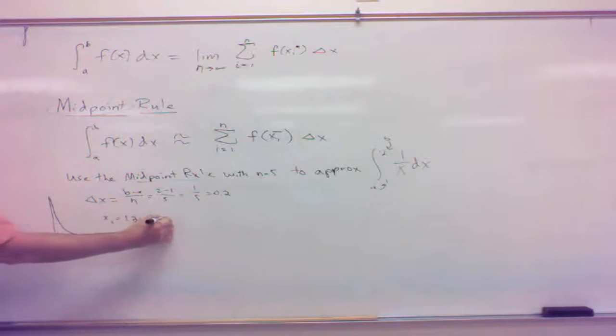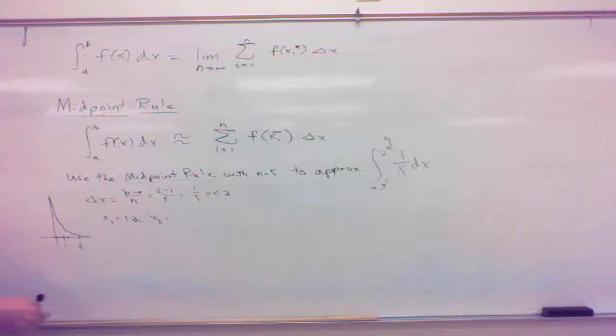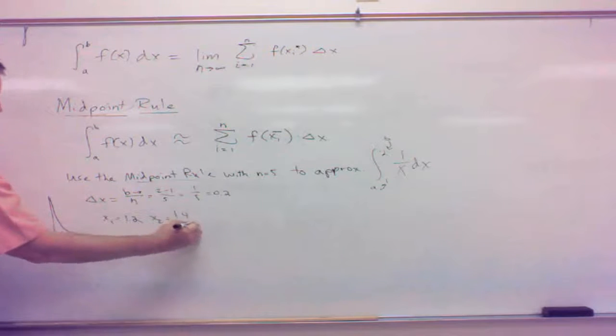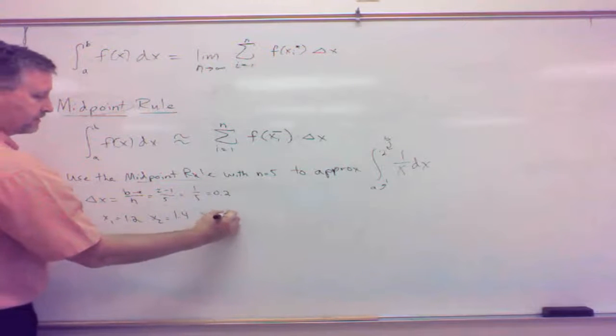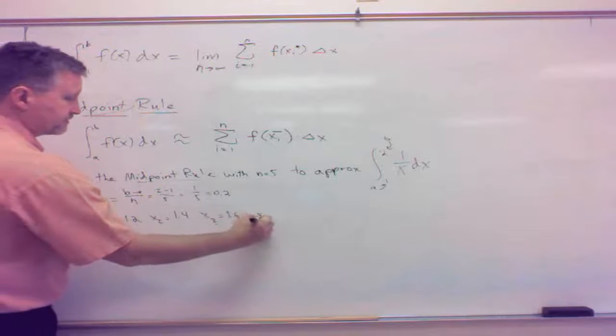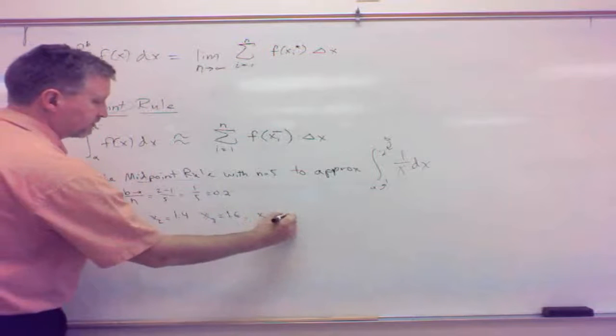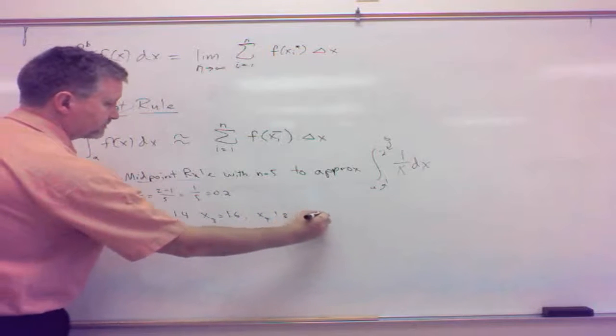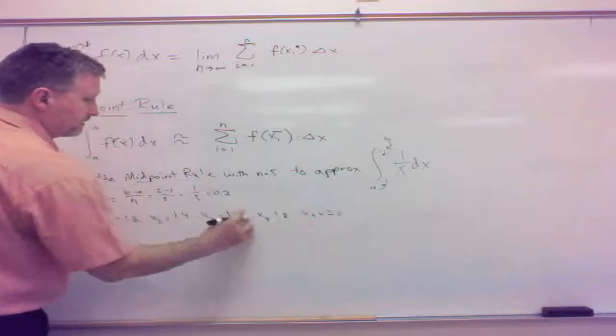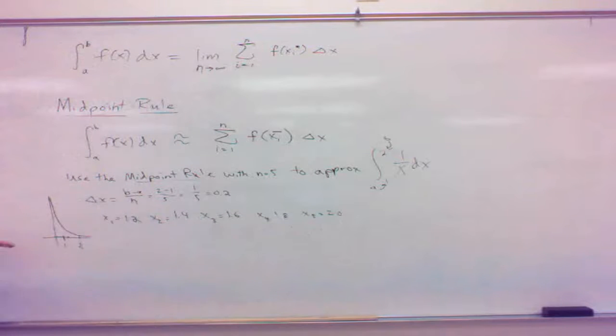And then x2 would be 1.4, you just add, 1.6, 1.8, and then finally x5 is 2.0. So I'm just going in increments of 0.2.